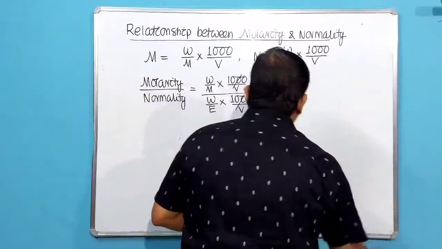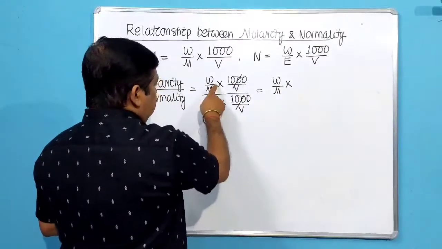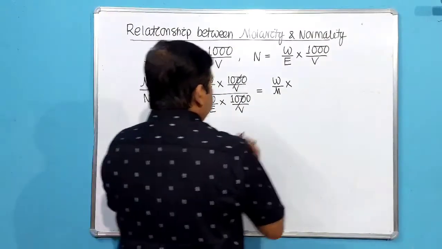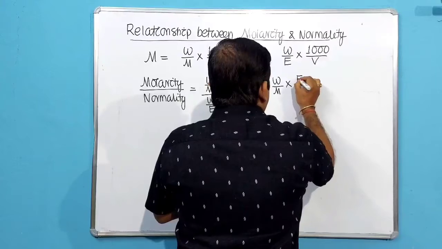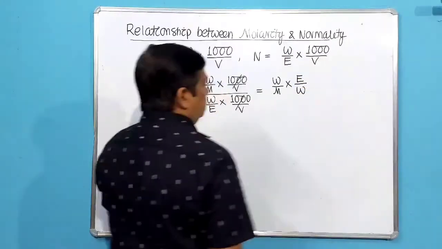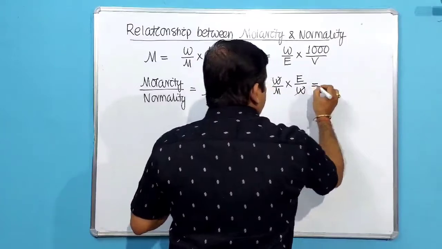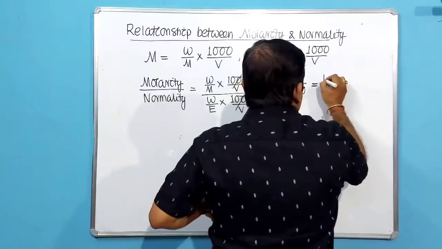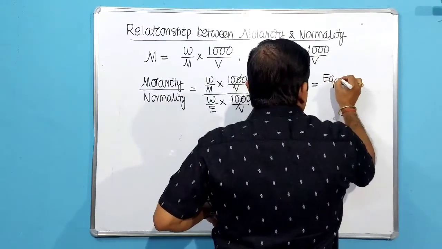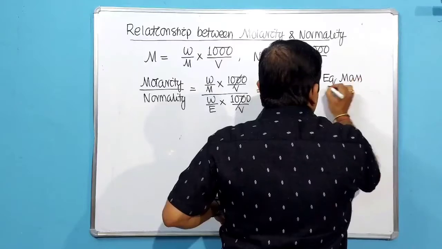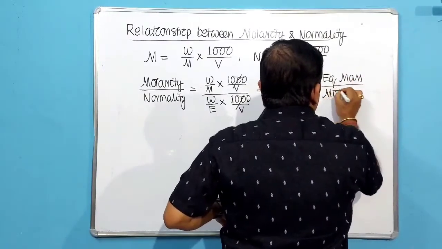W by M divided by W by E. That means it will become E by M, W will cancel out. That is equivalent mass by molar mass.